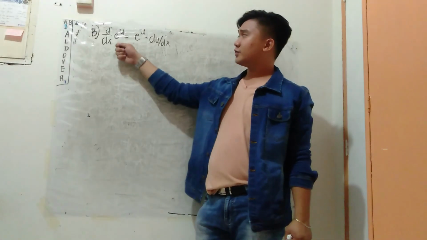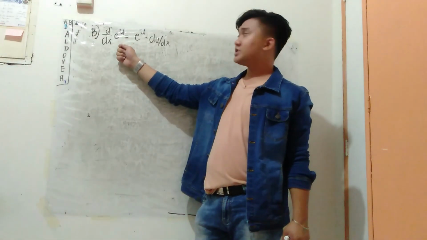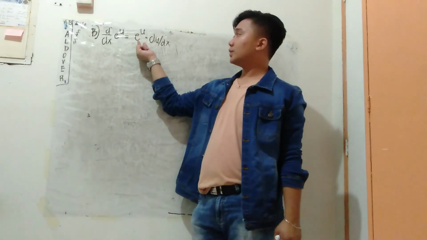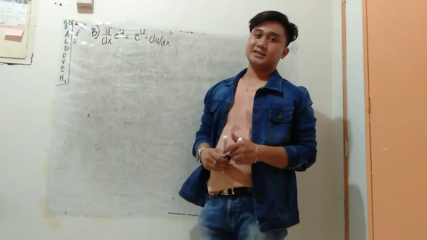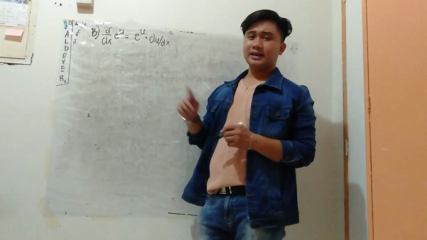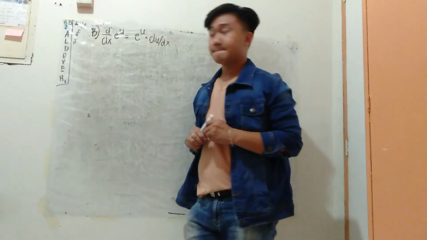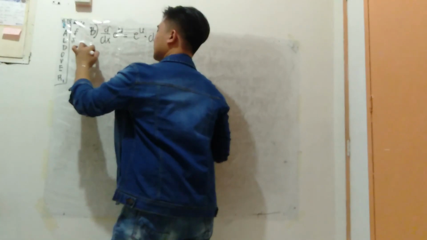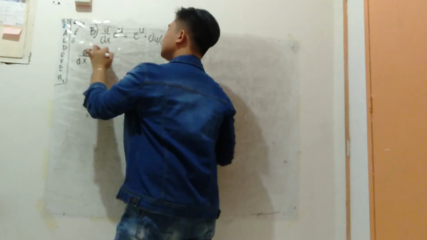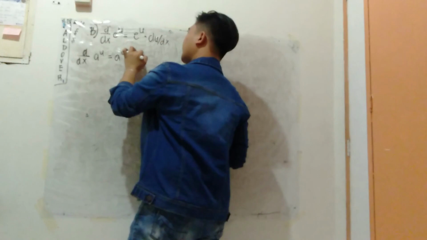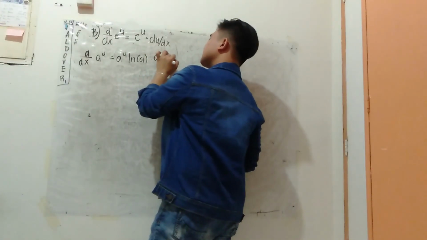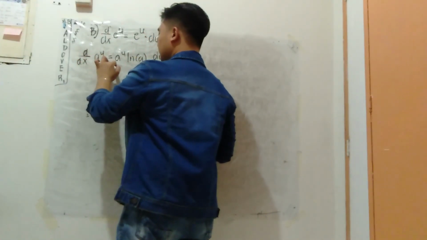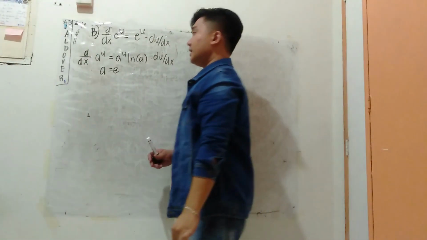Moving on to the second formula, if you're going to differentiate e raised to u, that is equals to e raised to u times du dx. Okay, so palabasin natin ito mula dun sa una nating formula. So yung una nating formula, d dx of a raised to u is equals to a raised to u ln of a times du dx. What will happen if a is equals to e? Okay?